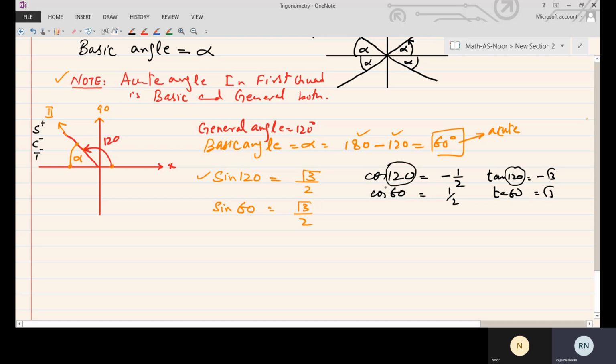So any angle in second quadrant with tan or cos will give you an answer in negative form. But in case of sine of 120 and sine of 60, we are getting the same answer.